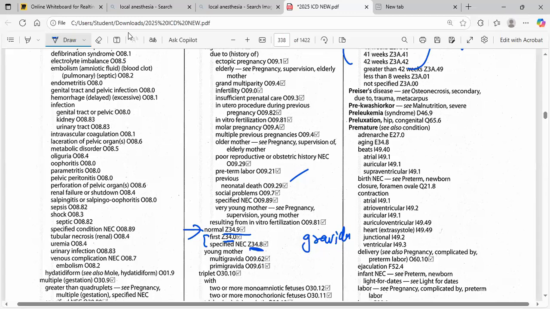So Z34.0 when it is first, Z34.8 when it is other than first, and Z34.9 when your documentation does not have any information about the gravida.